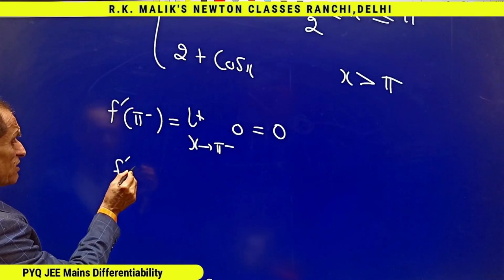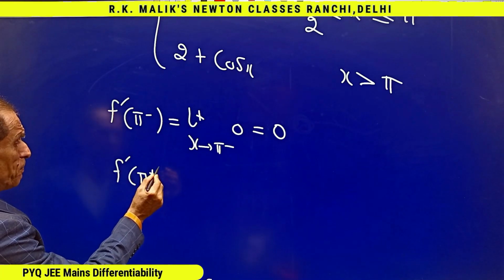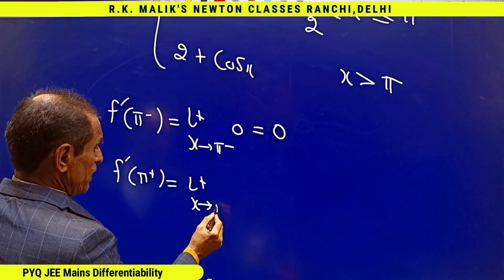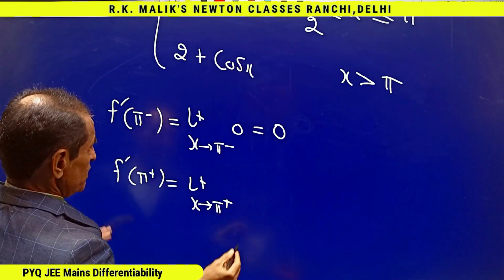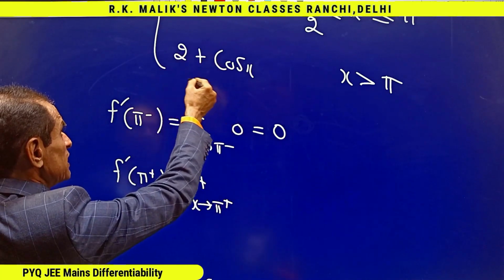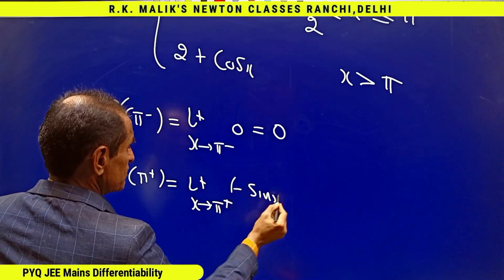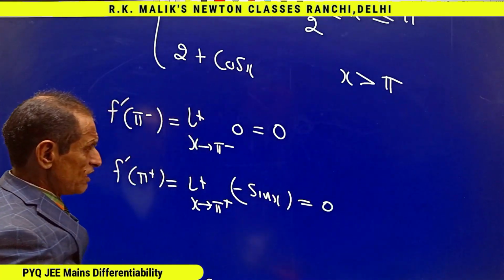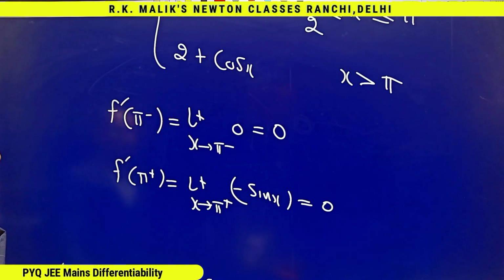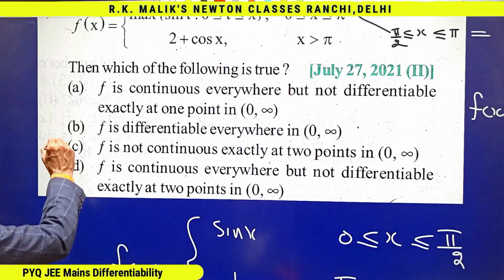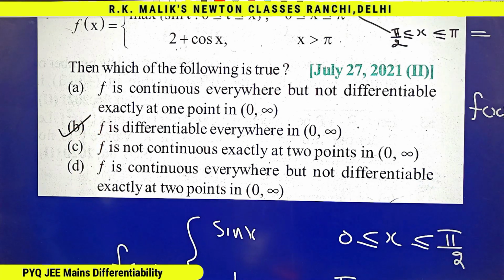Similarly, f dash of pi plus will be the limit as x tends to pi plus, and here I will be writing the derivative of this, that is minus sin x, that is 0, hence the function is differentiable at pi also. Hence there is no point of discontinuity and no point of non-differentiability. Hence I can say B is the correct choice.